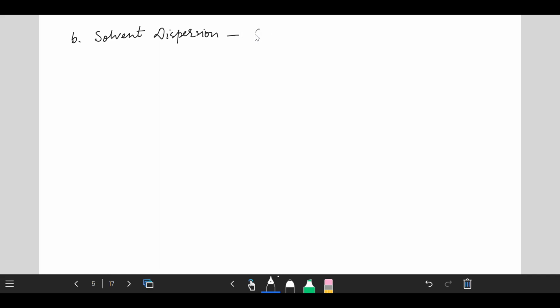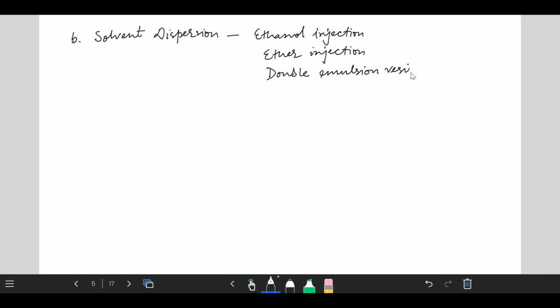First method is ethanol injection. Second one is ether injection. Third type is double emulsion vesicles.